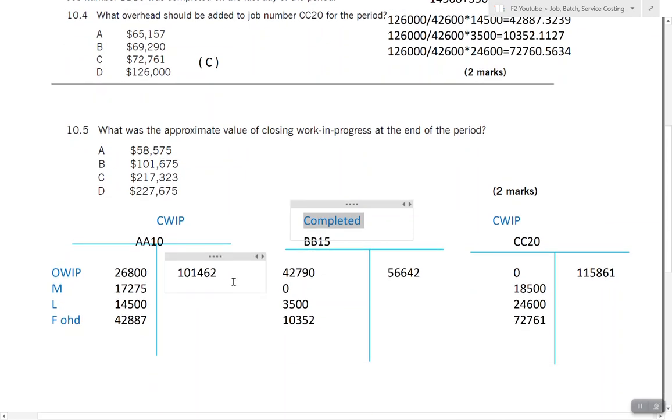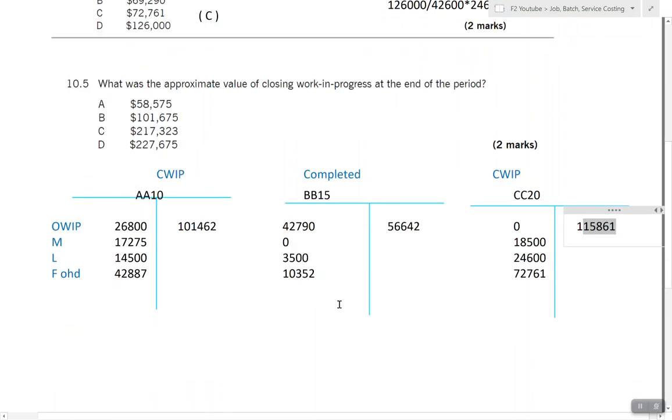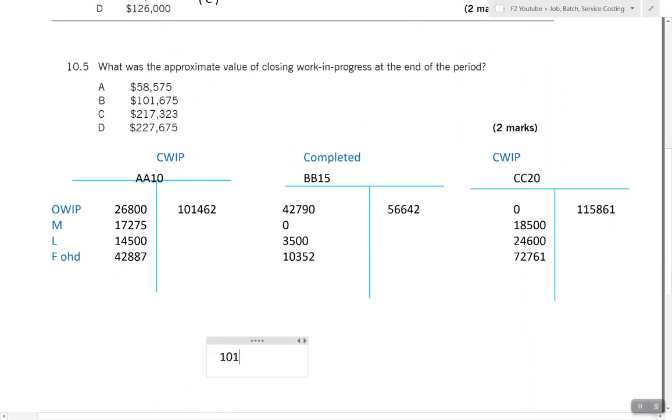It means they are still closing work in progress. This is closing work in progress, and this is closing work in progress. So the value of closing work in progress collectively is 217323, which is C here.